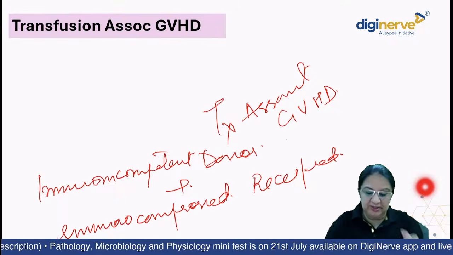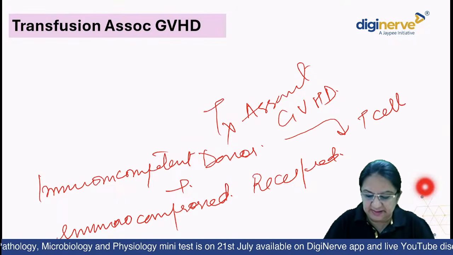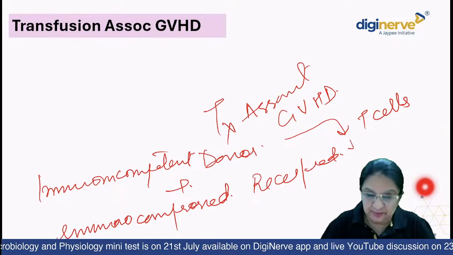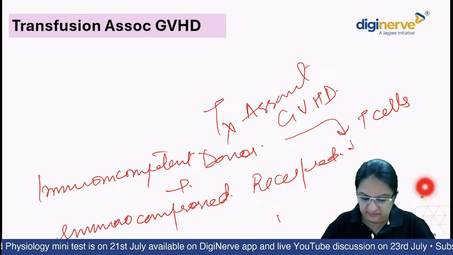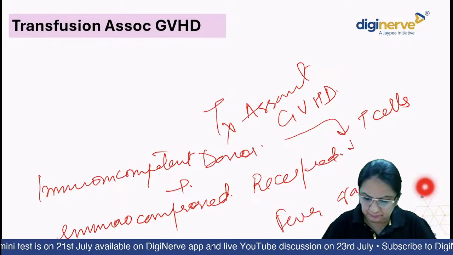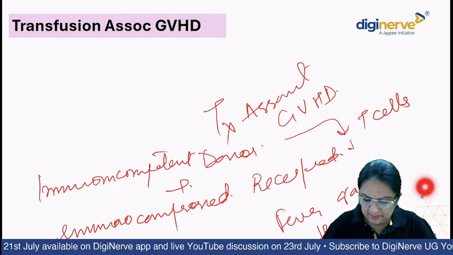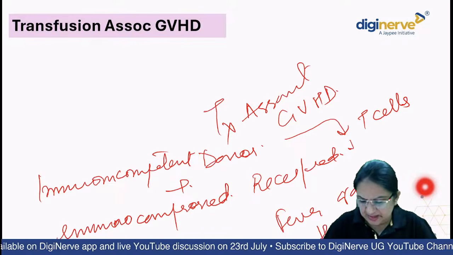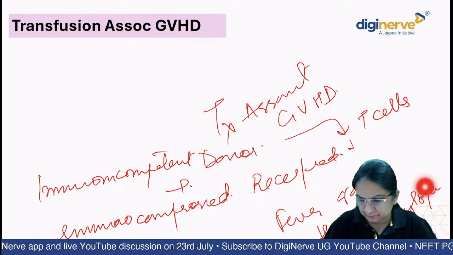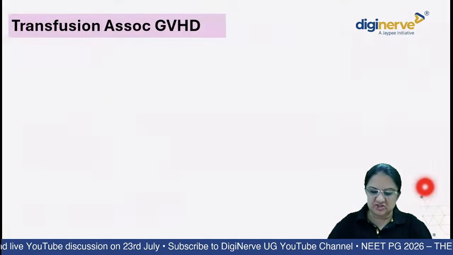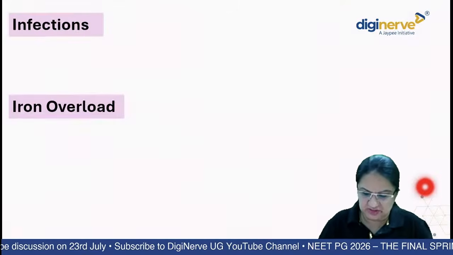The donor T cells basically attack the immunocompromised recipient, resulting in fever, rash, hepatomegaly, and pancytopenia. Okay, so this is transfusion-associated graft versus host disease.